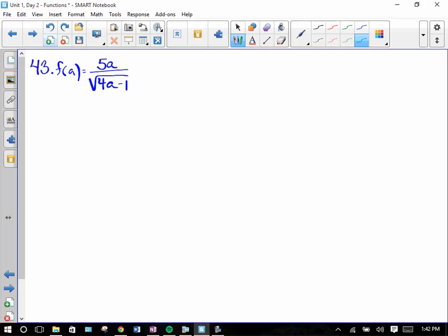Again, this could just be 5x. I just don't like putting x's to look at it. So, question. Do we care about the numerator right now? Nope, we don't care about the numerator. We care about the denominator. So, we have a denominator.